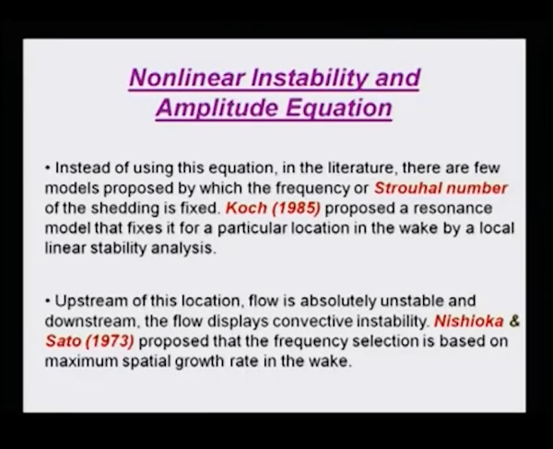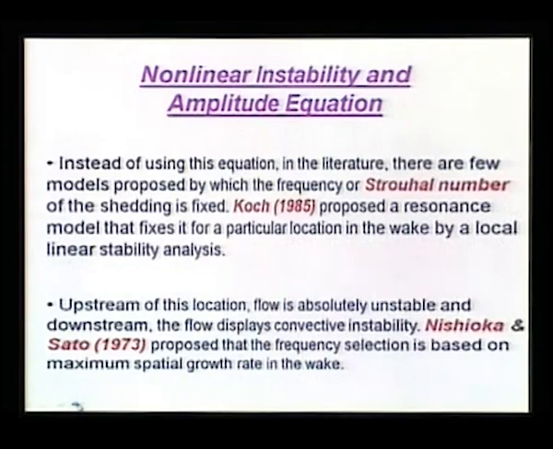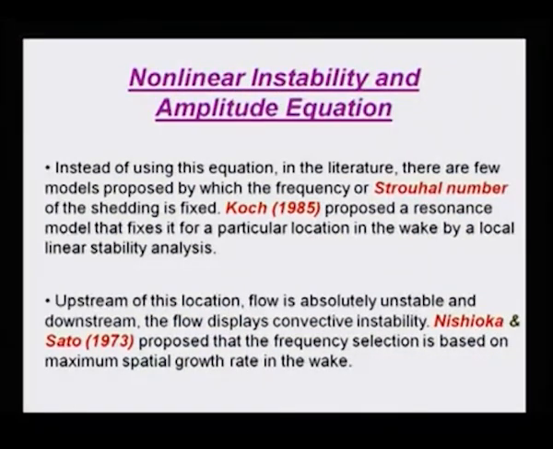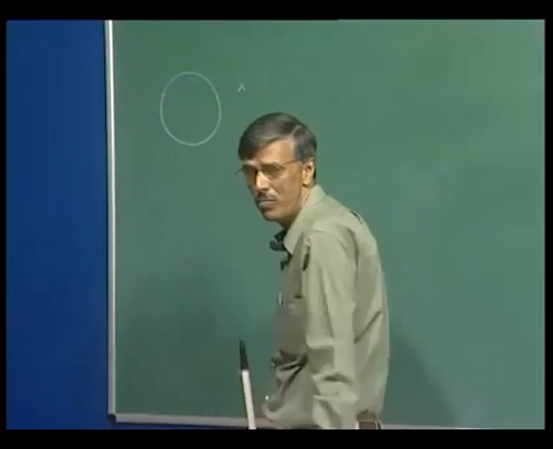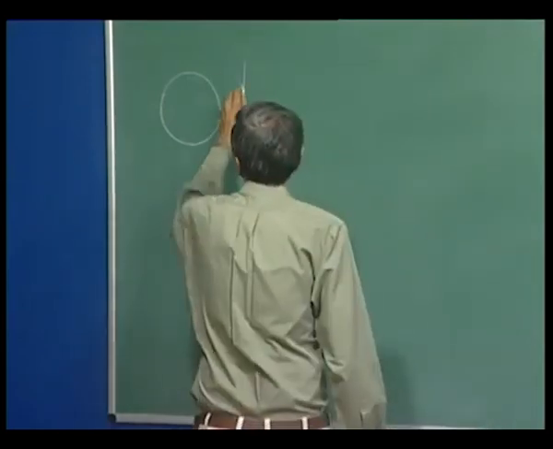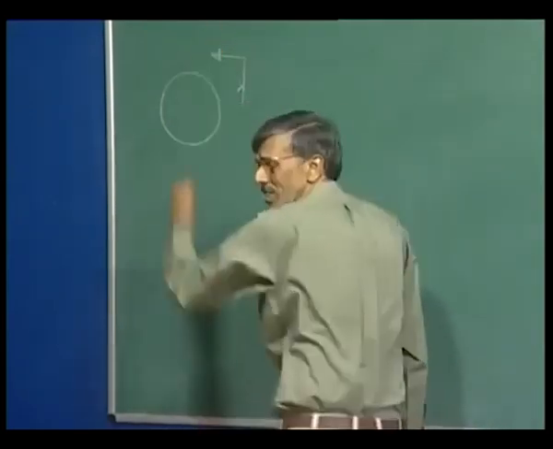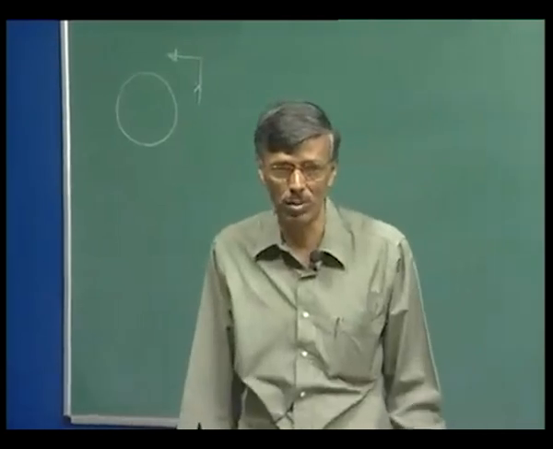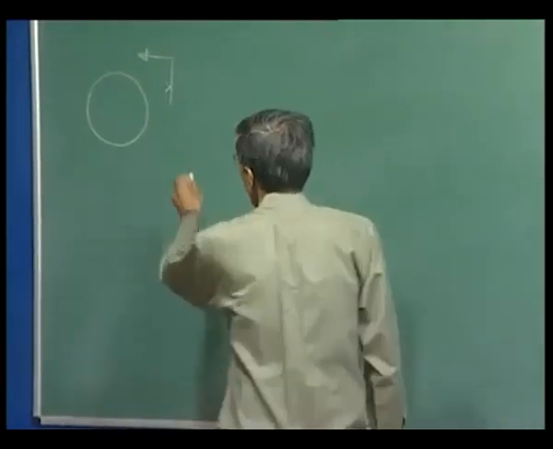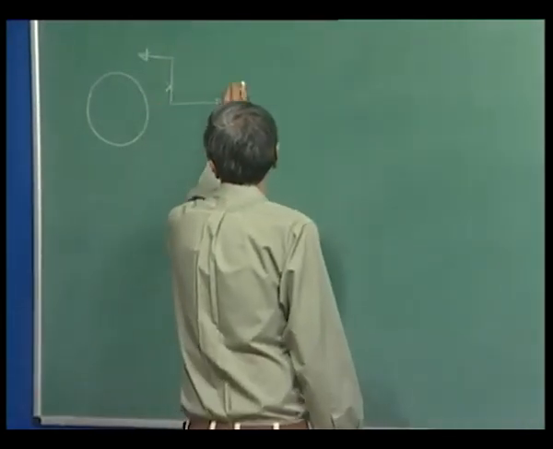What Nishioka and Sato said, that if you are looking at that location that we are talking about, upstream of which, if I look at it in this direction, then we have absolute instability, and downstream of which we have convective instability.